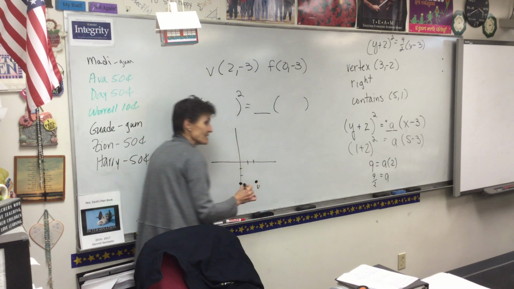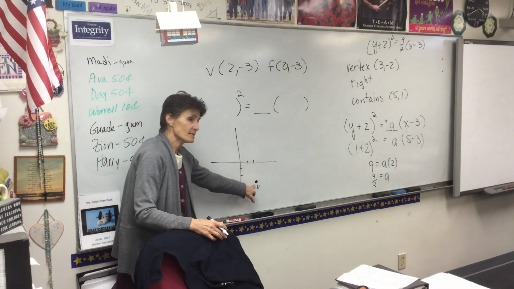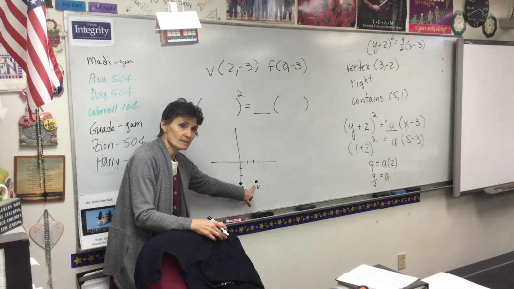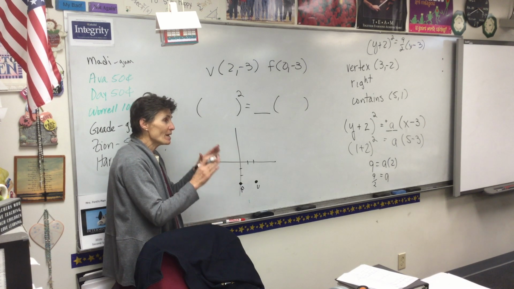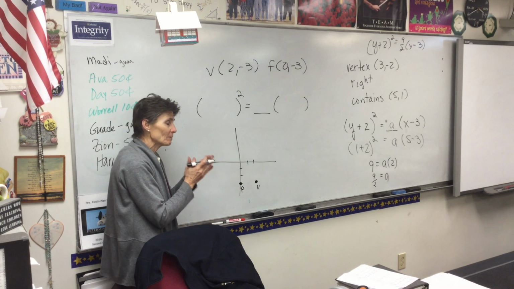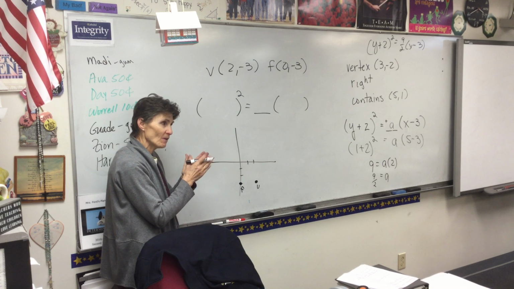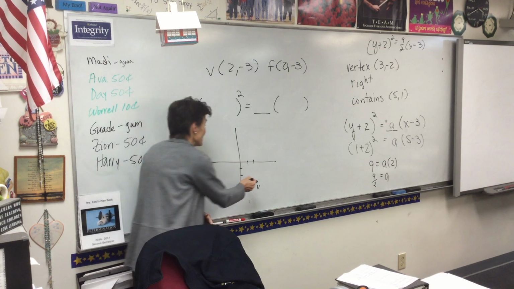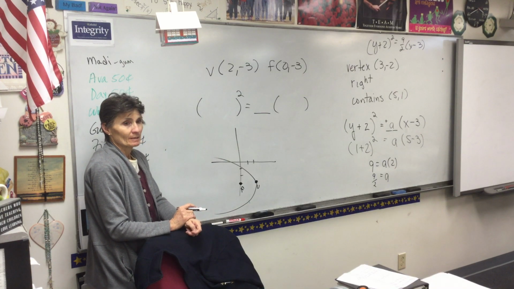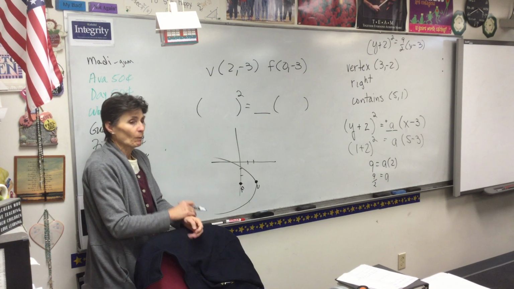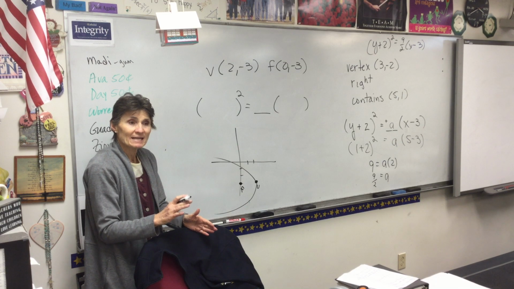All right, now pay attention. This is my vertex, and this is my focus. So knowing what you know about the relationship of the focus to the vertex, doesn't it have to open this way, guys? Yep. That tells me lots. What does that tell me?